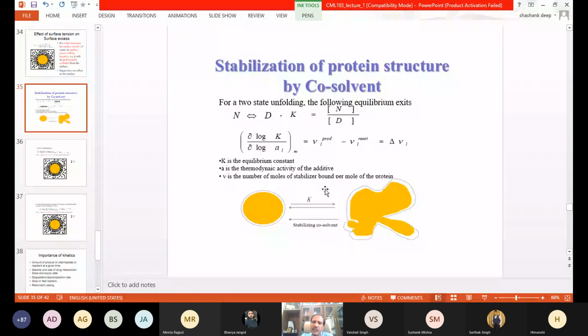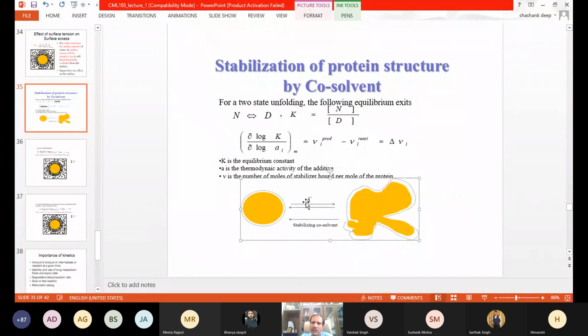Now look at this picture. This is the equation which tells you what happens to the equilibrium constant. But in layman's terms, if it binds to this, then it will stabilize the reactant. If it binds to this, then it will stabilize this one. Am I right? And since this is non-specific binding, look at the protein: this is the folded state, this is the unfolded state.